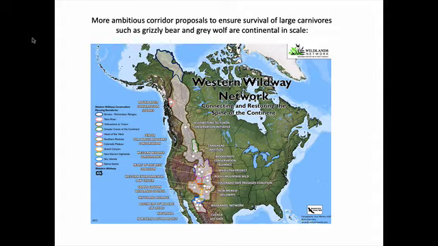Probably very few of you know this, but grizzly bears were once extremely common in Mexico, and they are extinct there now. Gray wolves were common from the Mississippi River west, and they were mostly driven to extinction.